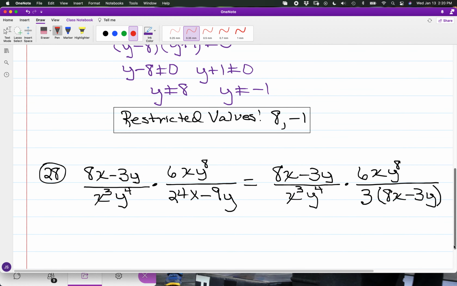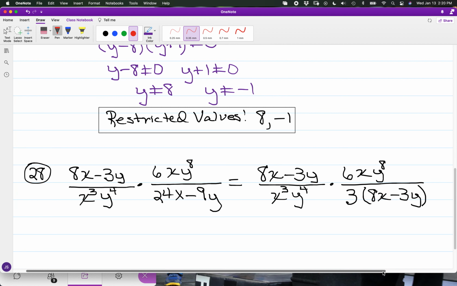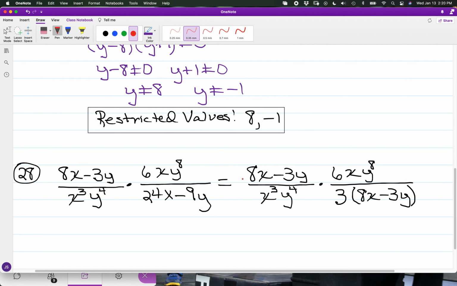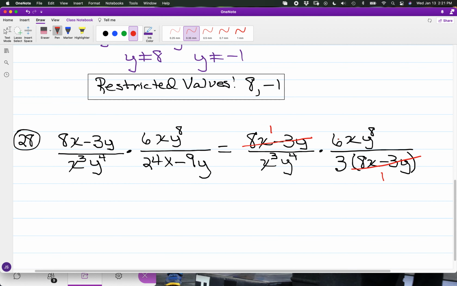And so for the setup, notice we have 8x minus 3y in numerator position from the first fraction, and we also have it in the denominator from the second fraction. So we can get these to go out. And if you notice, you have 6 over 3, and I can technically go ahead and reduce, but I will just do this in the next step.